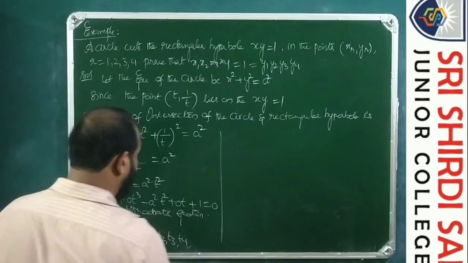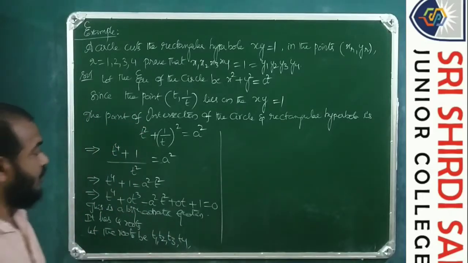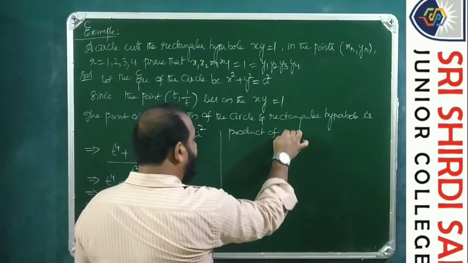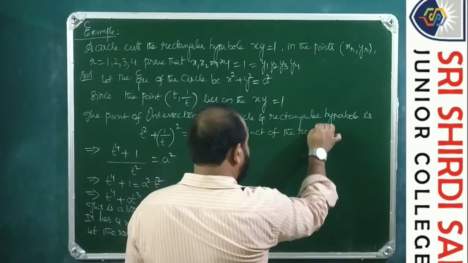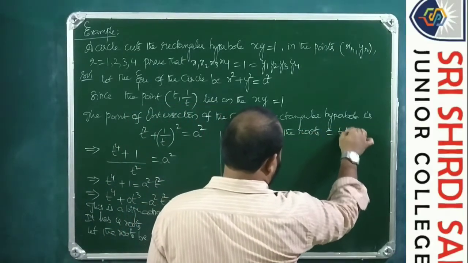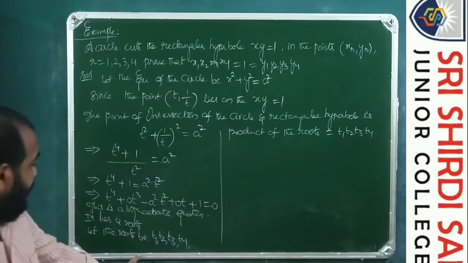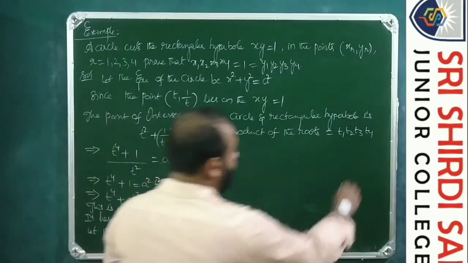So product of the roots t1, t2, t3, t4 is equals to 1.